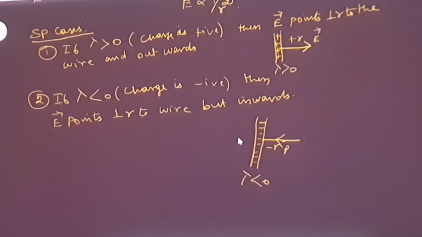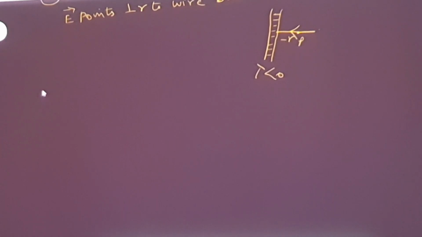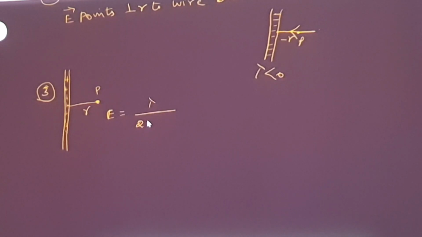See, here we have another special point that I can note. We have derived an expression. If the wire is of infinite length, with charges distributed uniformly, then the electrical field at point P at a distance r is given by the formula E equals lambda divided by 2 pi epsilon 0 r.